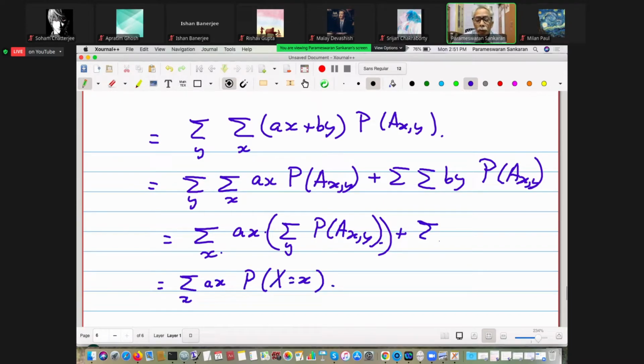So here, summation over Y, same thing. Here, the summation over X, you don't need to change the order already. So BY, and then probability of Y equals Y. Then plus the summation.